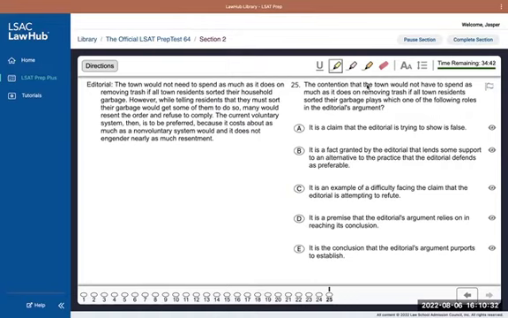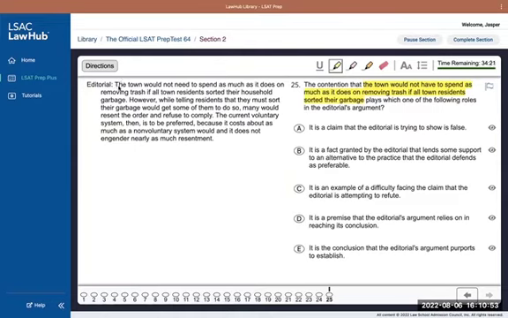What I like to do is highlight the part that they want us to relate to the rest of the argument in some way. I identify what part of the argument it is, and then highlight that same thing in the argument.